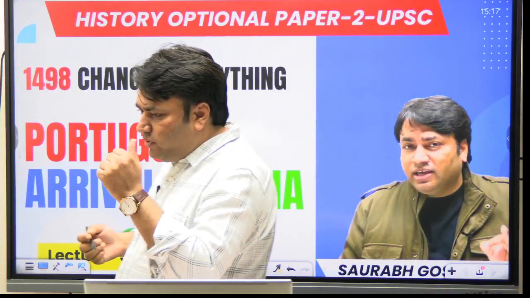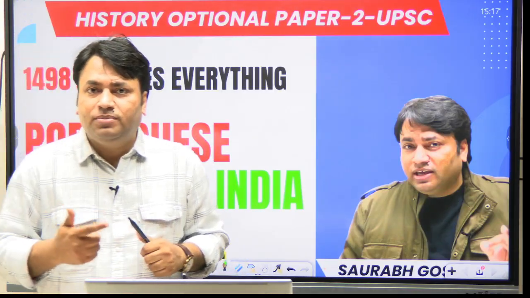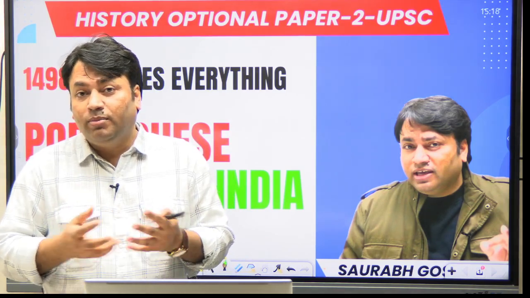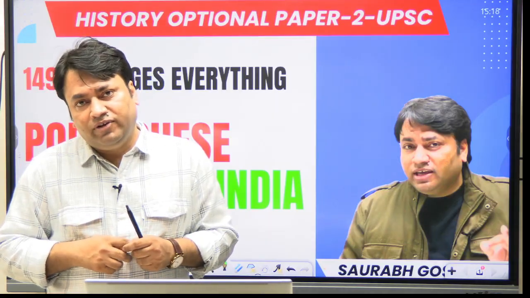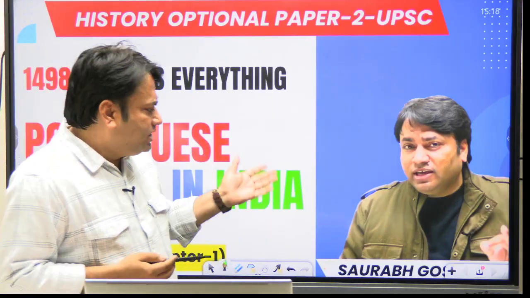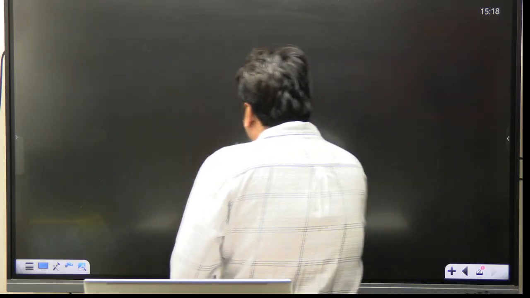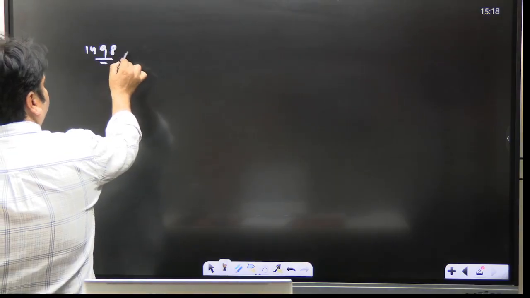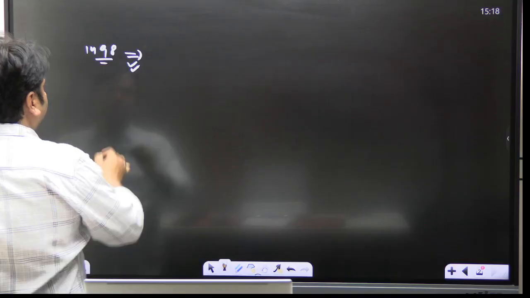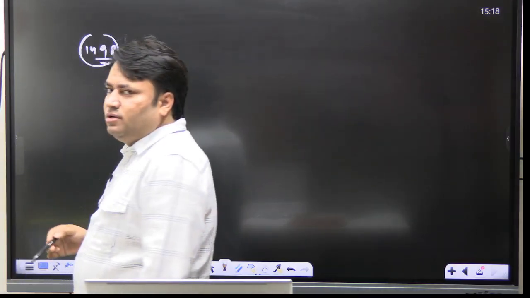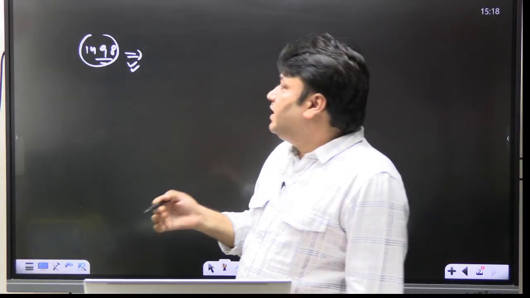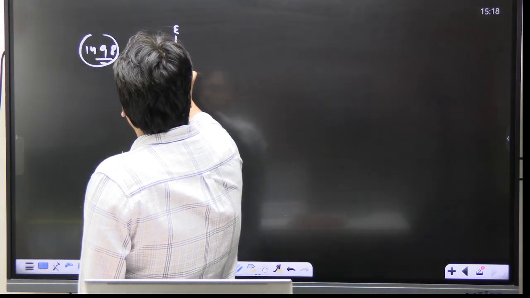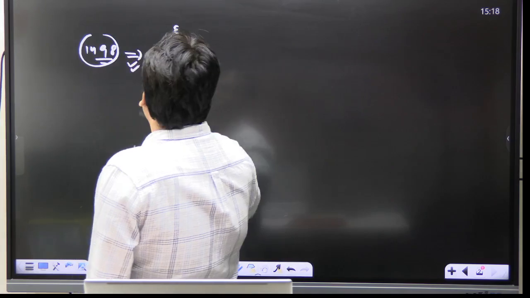In order to develop that, we need to develop an understanding of the basic concepts and command over the interlinkages between different topics. So let's start this topic, Portuguese arrival in India. We all know that the year 1492 holds a very significant place in the history of India, because it marks the beginning of the arrival of Europeans in India, and among these European groups, the Portuguese were the first to enter India.